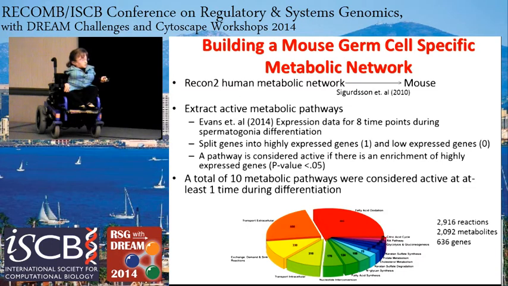We added these 10 pathways to our vitamin A network, and constructed a network of 2,916 reactions, 2,902 metabolites, and 636 genes.